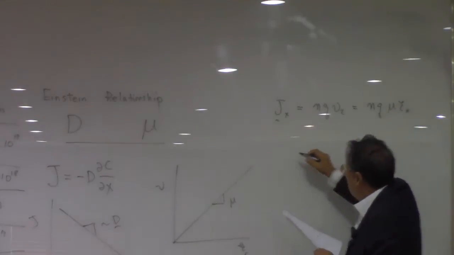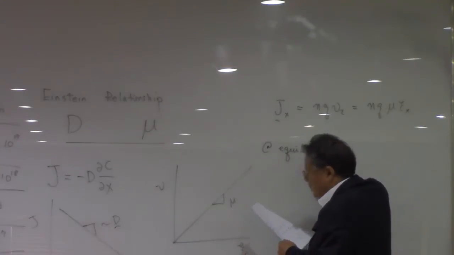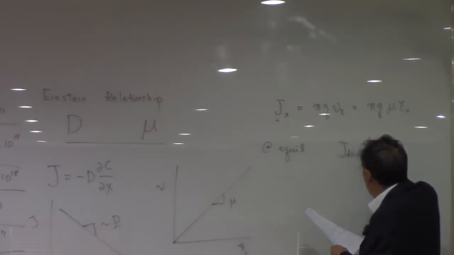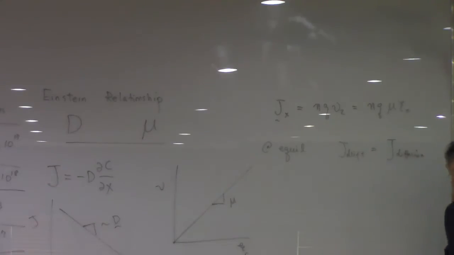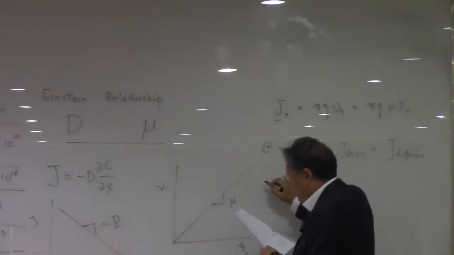Right? And at equilibrium, the drift flux should be equal to the diffusion flux. Otherwise, there is accumulation or depletion of the particles, which is not equilibrium.